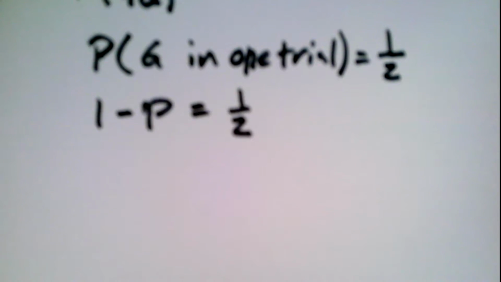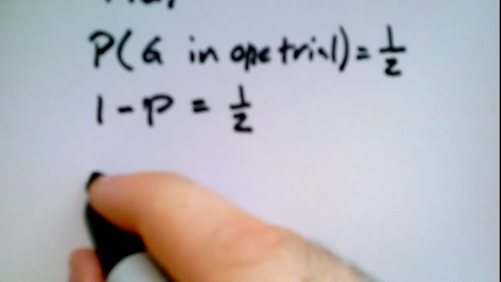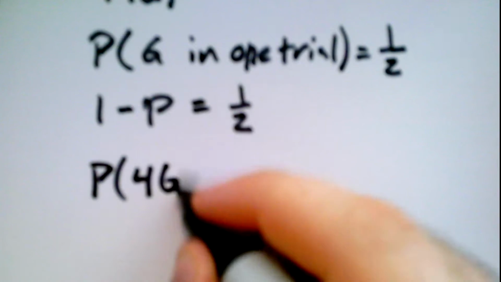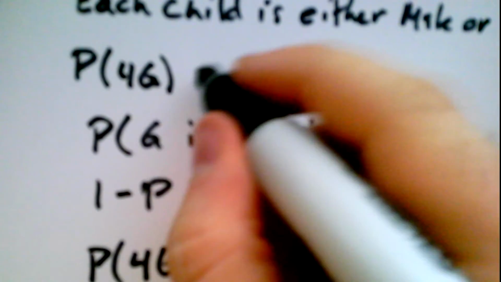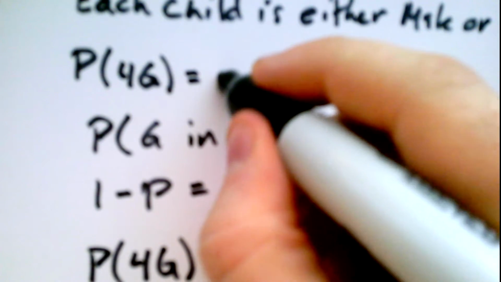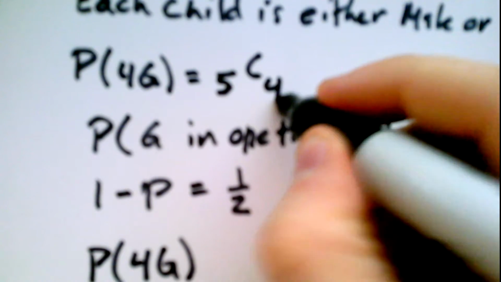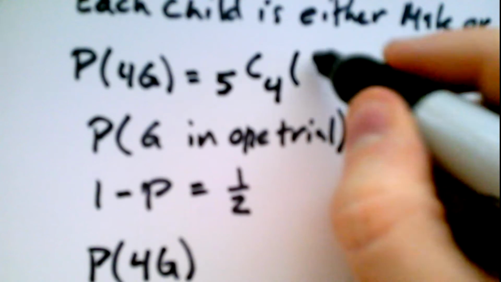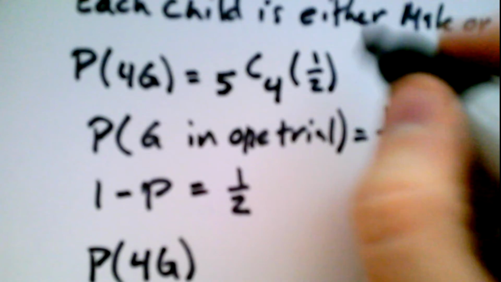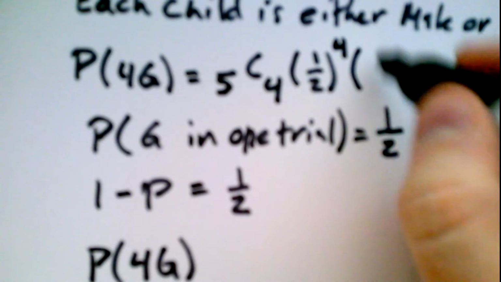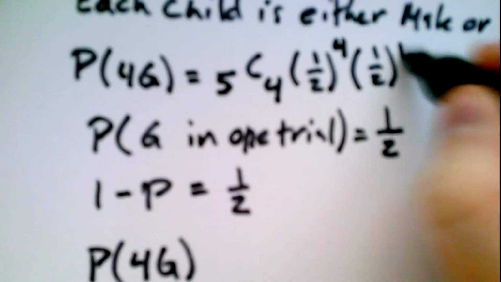So the probability of 4 girls is equal to 5 kids choose 4 times 1/2 to the 4th, there are 4 girls, times 1/2 to the 1st, there's going to be 1 boy.